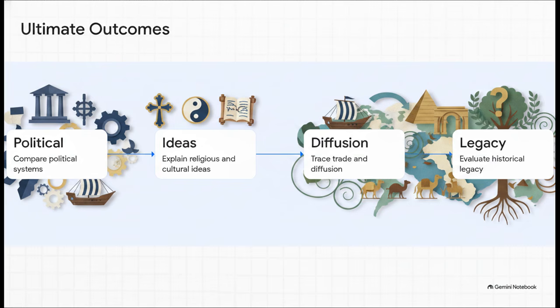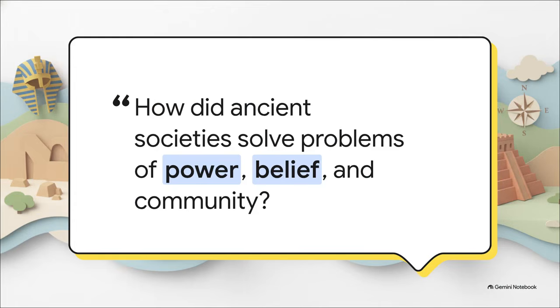And 4, you'll be able to evaluate the historical legacy of these civilizations all on your own. You're going to emerge from this class proving that you can evaluate history for yourself, drawing your own well-researched conclusions based on credible evidence.